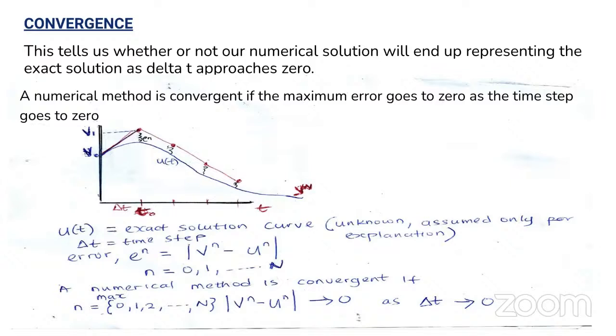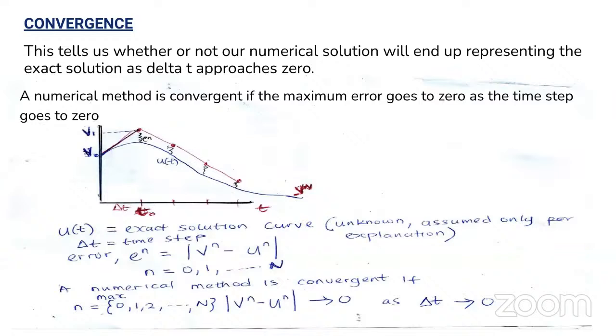Okay, so a numerical method is convergent if the maximum over the iterative values from 0 to the nth term of the error, which is Vn minus Un, approaches 0 as delta t goes to 0. Delta t is just the difference between the next step in time and the previous step that we are coming from.